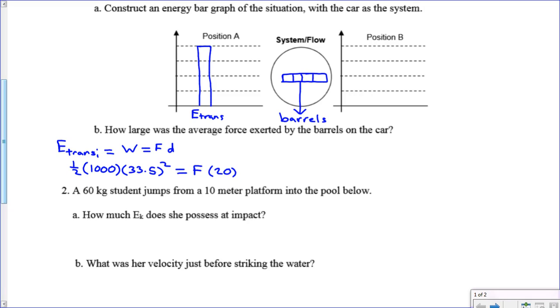So you just multiply on the right and get 1/2 times 1,000 times 33.5 squared and divide it by 20. And you should solve this and find that F equals 28,056 joules. I'm sorry, that would be newtons if it is a force.